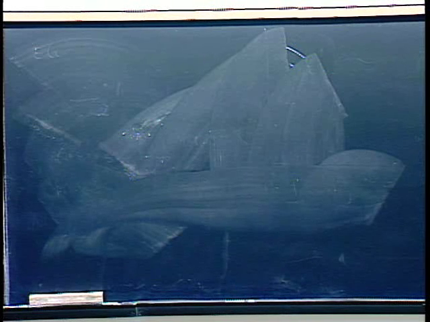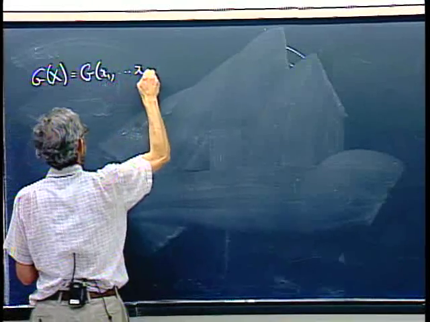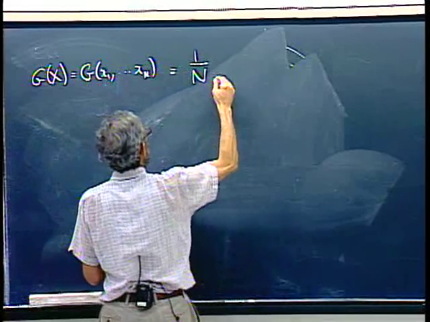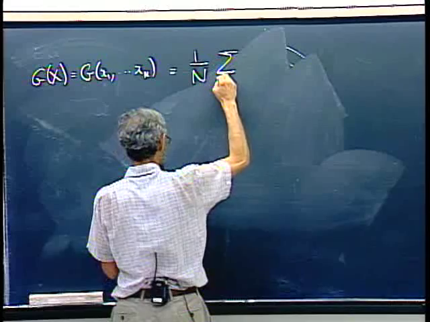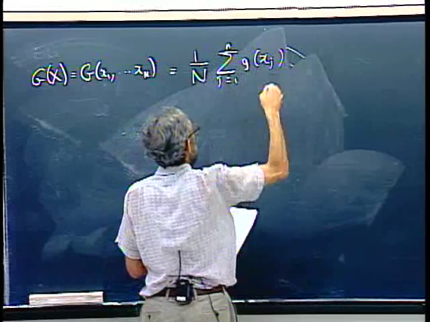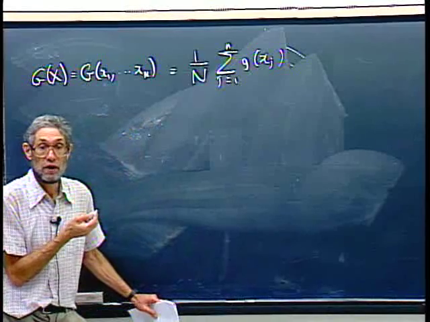For shorthand, I'll use a capital X for all of these variables taken together. x1 up to xn, this n-tuple of outcomes for all of them, is capital X. And so g of capital X is really g of this x1 up to xn. And it's just the average: 1 over n times the sum from j equals 1 to n of g evaluated at the outcome of each of the experiments, which is the xj for all these things.